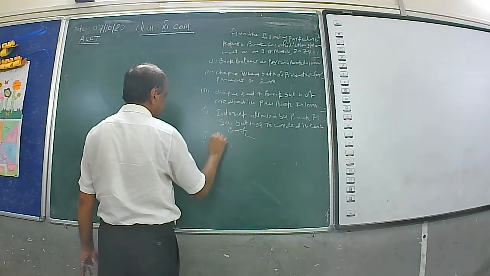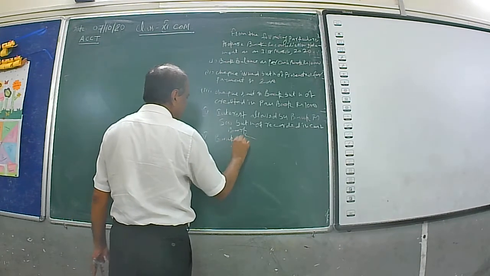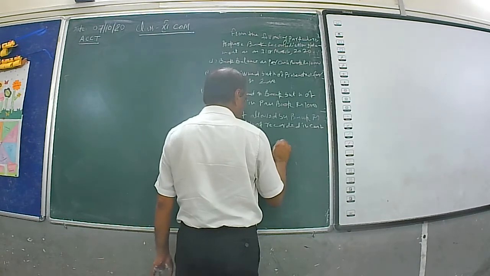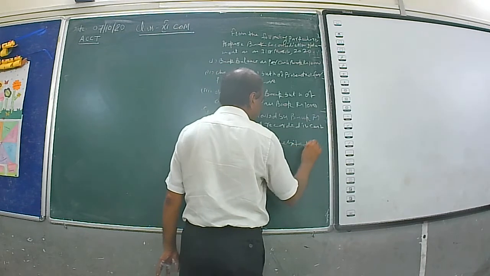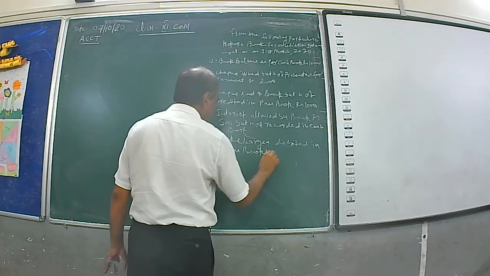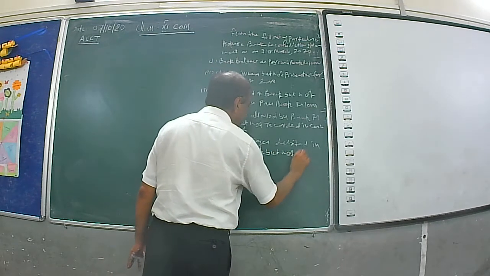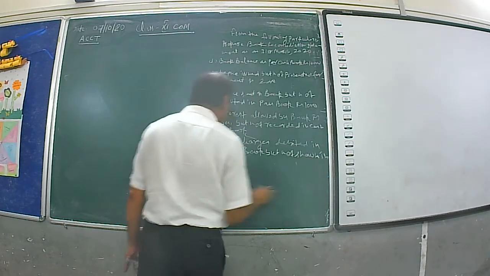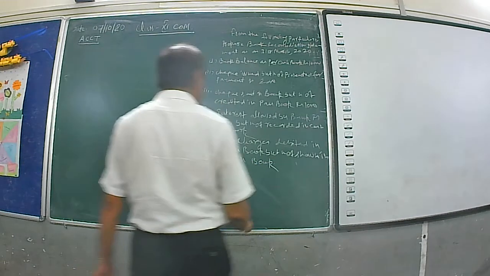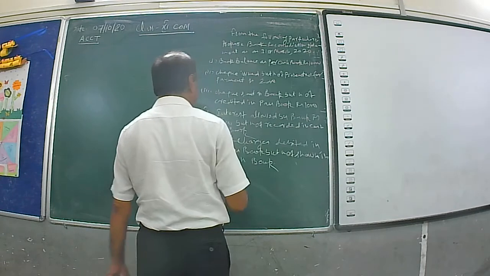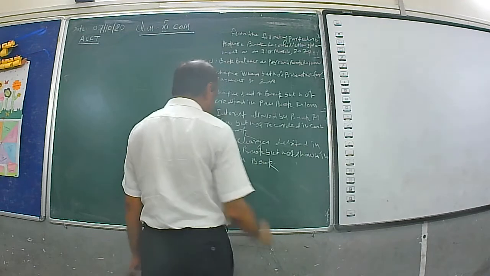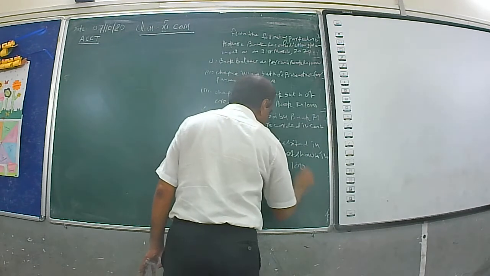Number 5, bank charges debited in passbook but not shown in cash book, rupees 100.